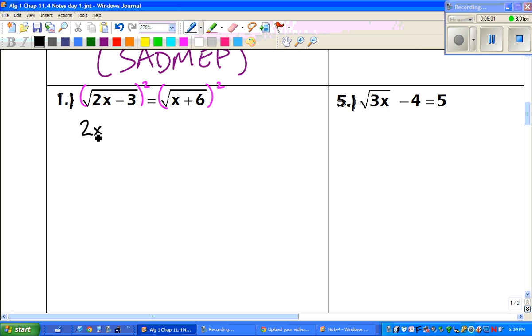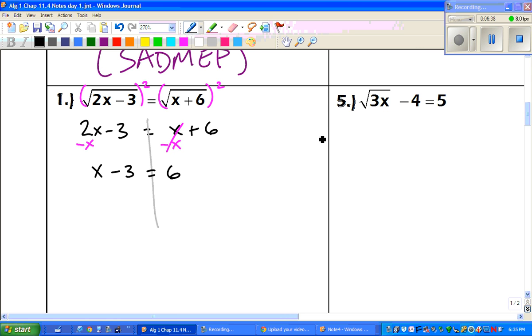And we're left with 2x minus 3 equals x plus 6. Now, is this linear or is this quadratic? Well, it's linear because the highest exponent on both of these is 1. So we're going to use inverses. I need to get my x to one side, so I'm moving the smaller x. And we get x minus 3 equals 6.